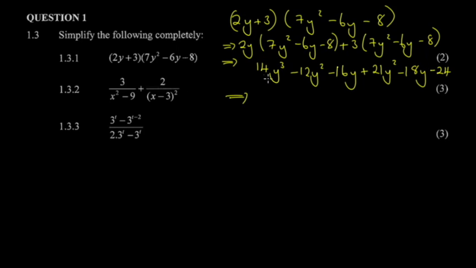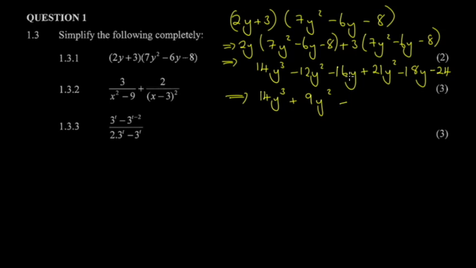We only have one entry for y cubed, so we get 14y cubed simply. But here you have 2 entries for y squared, so you get negative 12 plus 21. So you get plus 9, 9y squared. It's like 21 minus 12, you get 9. Then negative 16 and negative 18, what do you get?